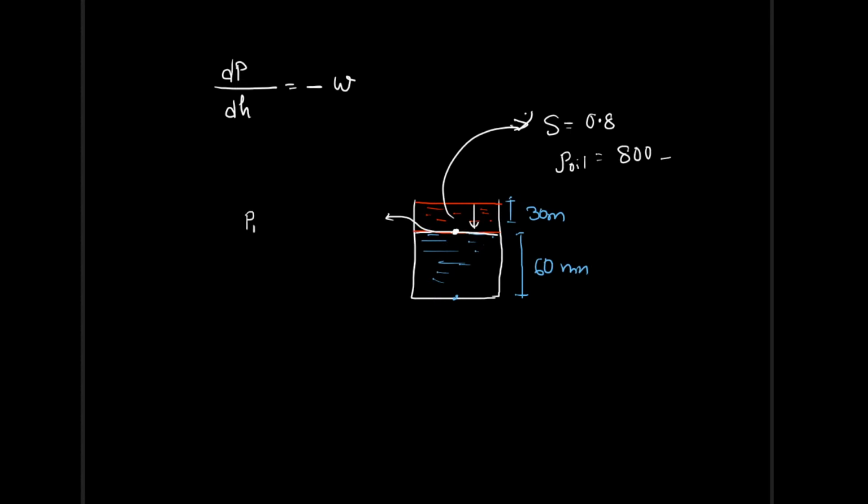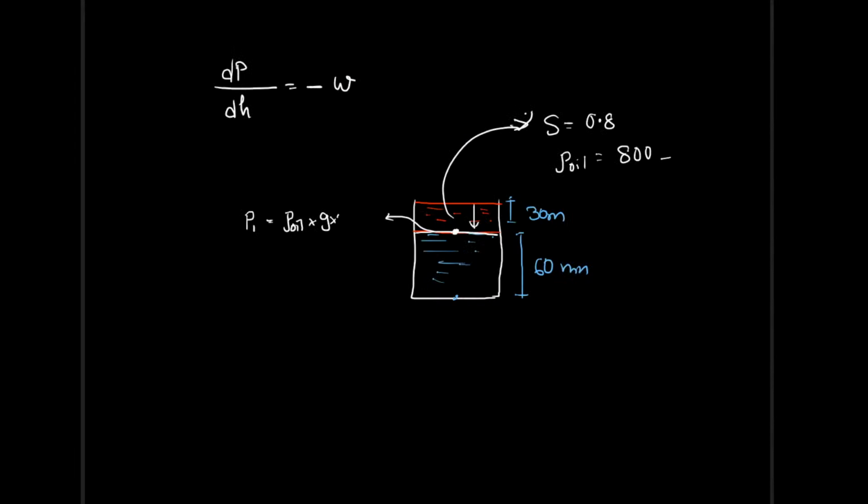So it will be P1, let us suppose, rho of oil into g into this height, which is 30 meter. Meter or mm? Okay, it is in centimeter, not in mm, not in meter. This is 30 centimeter. Okay, no problem. So this will be 0.3 meter.